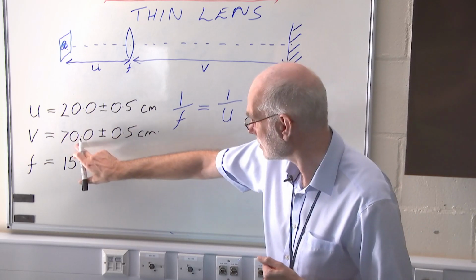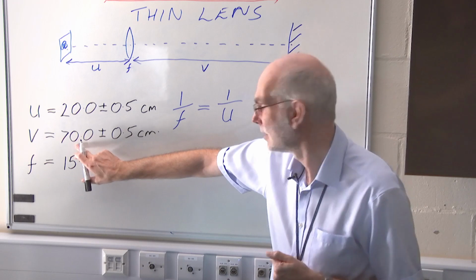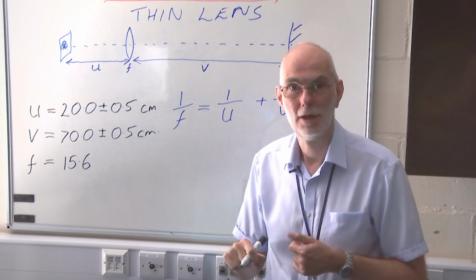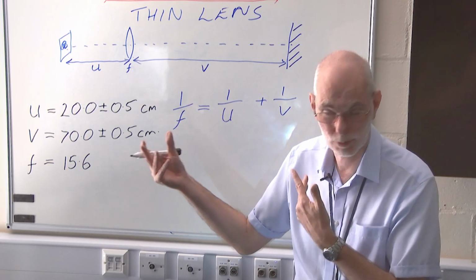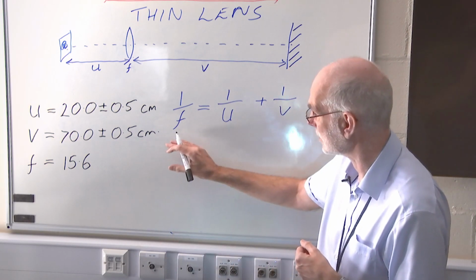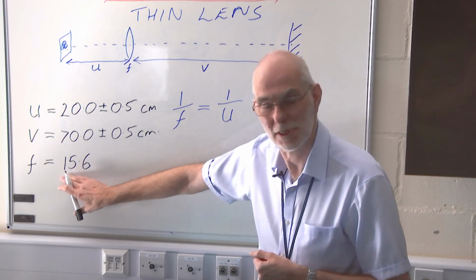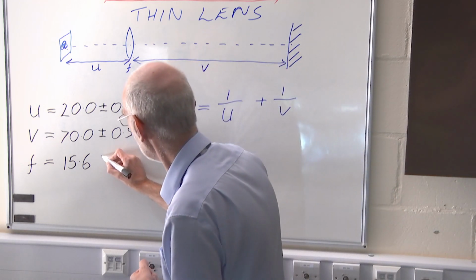0.5 in 70 is a little bit smaller than 1%. So actually, when I combine these two, square and add, I'm going to end up with an error no more than 3%. The smaller one's going to contribute very, very little to the total. And so looking at this one, 3% on 15.6 is again about plus or minus 0.5, which makes sense.